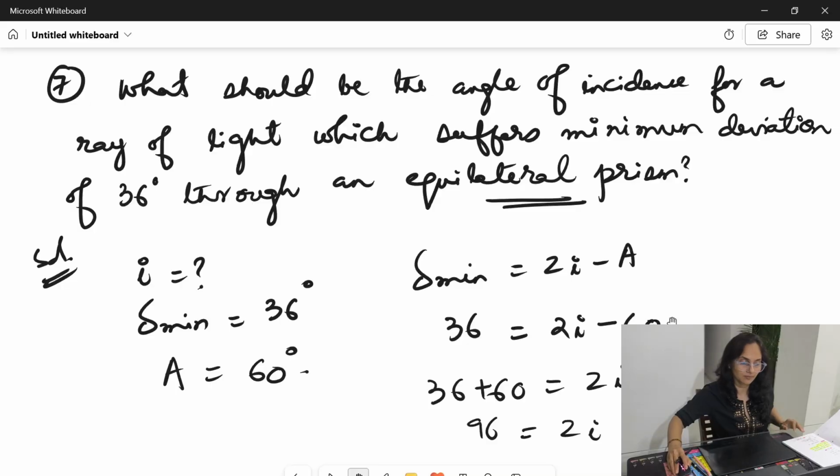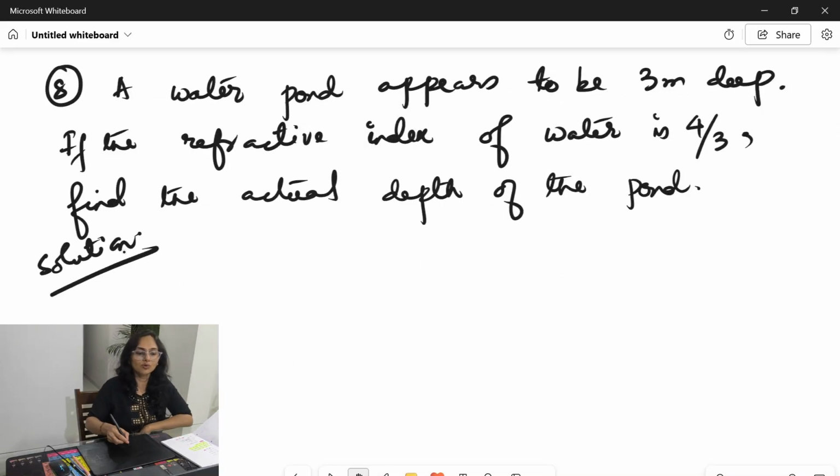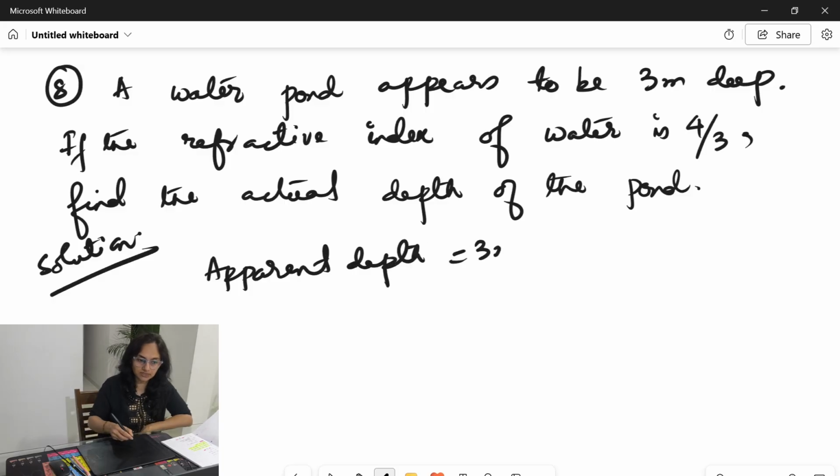So let's see some more types of questions that we can get from this chapter. Let's go to the next question. So this is a different type of question now. Here a water pond appears to be 3 meters deep. Appears to be. That means this is the apparent depth we say. So apparent depth is given as 3 meters.